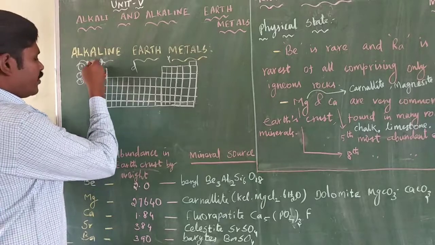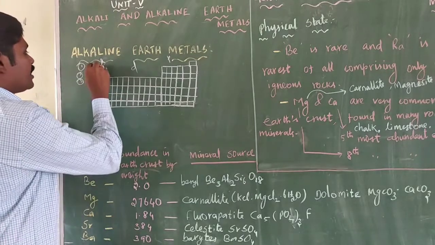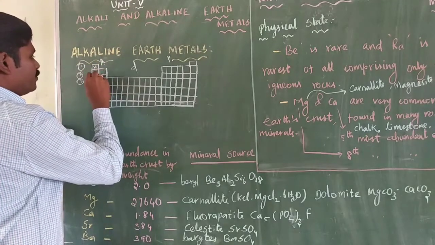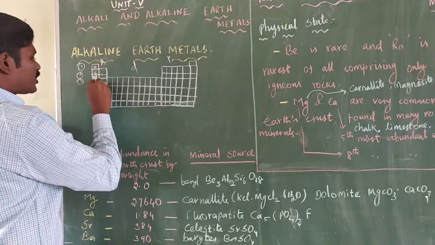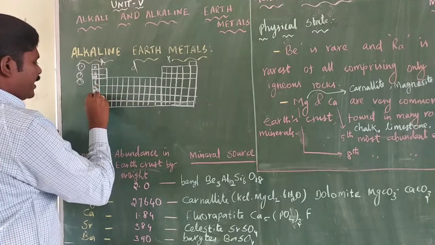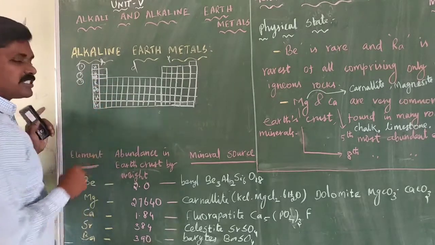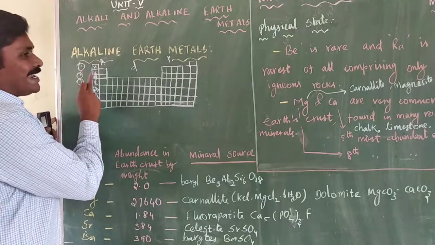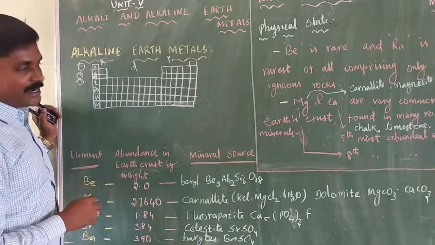Alright? The first group elements, hydrogen, lithium, sodium, potassium, rubidium, cesium, francium are called alkali metals.